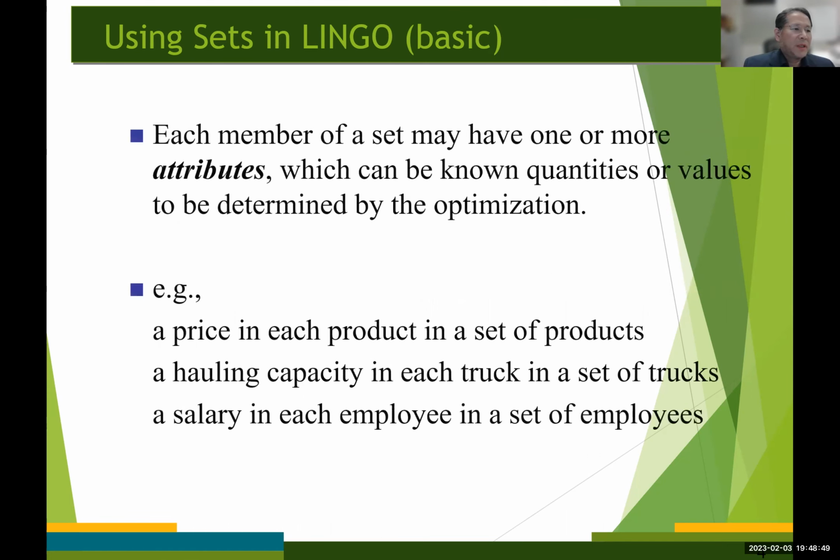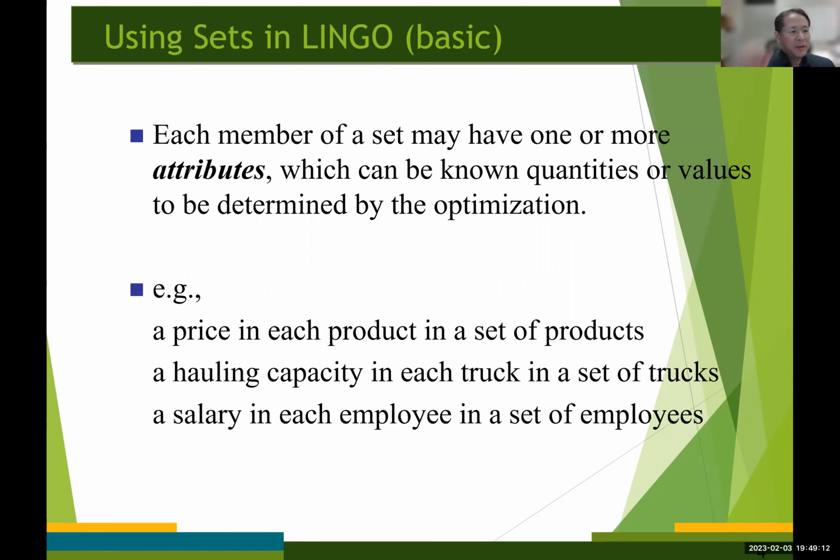And each member in a set may have one or more characteristics associated with it. And we call these characteristics attributes. And attribute values can be known in advance or unknown. In that case, Lingo solves for them.